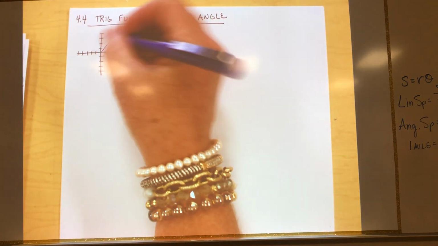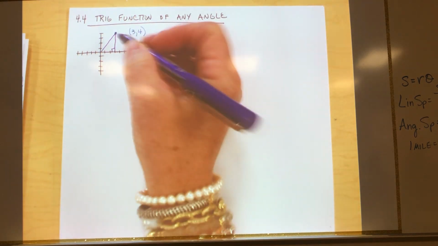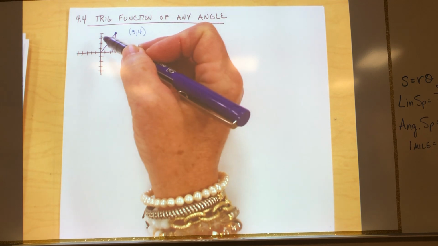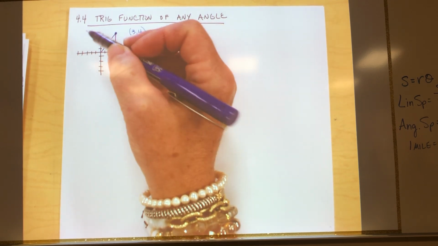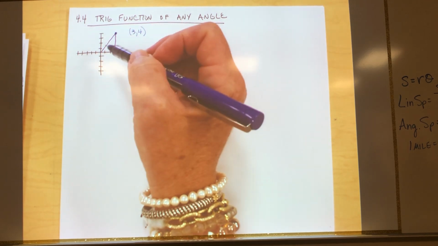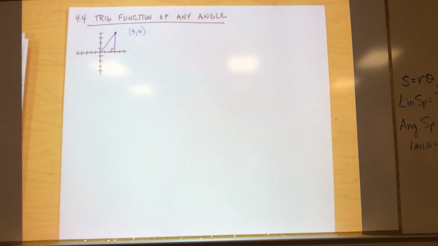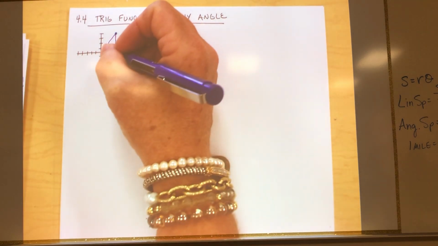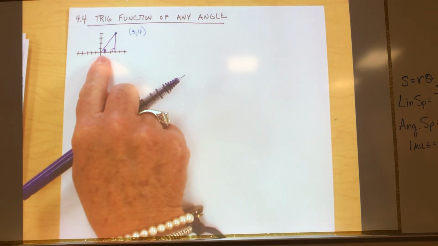Stay away from the y-axis. Now listen to me, I'm going to warn you about this, okay? The closer they put that point to the y-axis, the more the y-axis will try and suck you in and make you draw that perpendicular to it. If you do it, it's wrong. Everything will be wrong, okay? So be careful about it. The angle is always going to be the angle that's closest to the origin, all right?